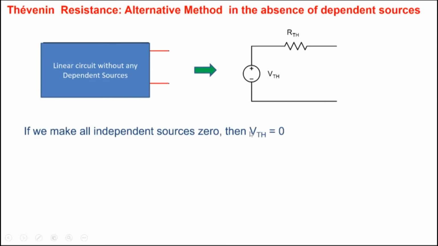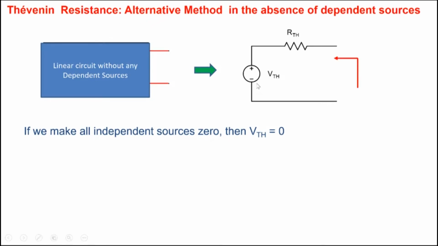So the idea is as follows. If we make all independent sources 0, then VTH will become 0. Because what does VTH result from? It results from independent sources. If there were no independent sources, there would be no voltage in the circuit here.